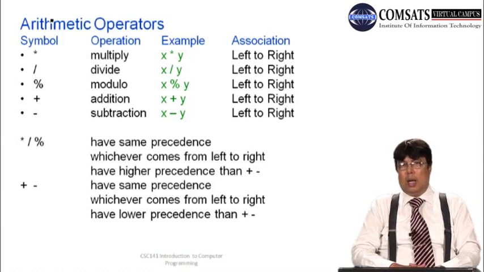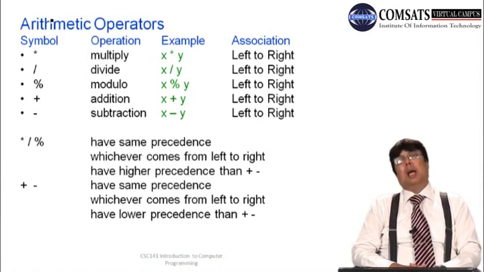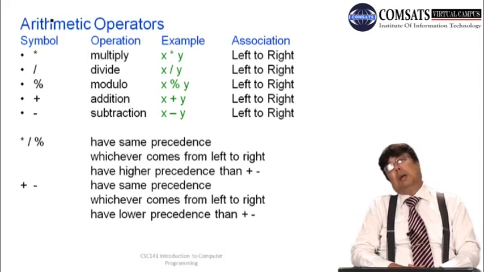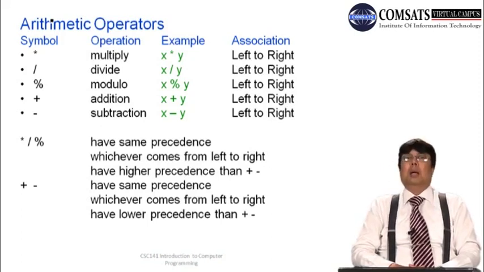Okay, whichever comes from left to right, that is the precedence. So a multiplied by b multiplied by c, पहले क्या होगा? पहले a मल्टीप्लाई बाय b होगा और फिर b मल्टीप्लाई बाय c होगा.